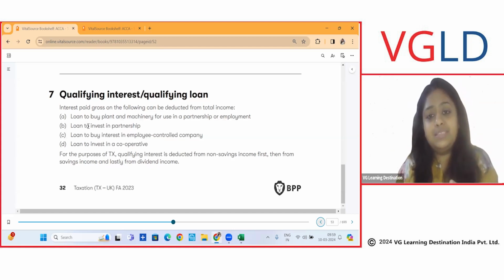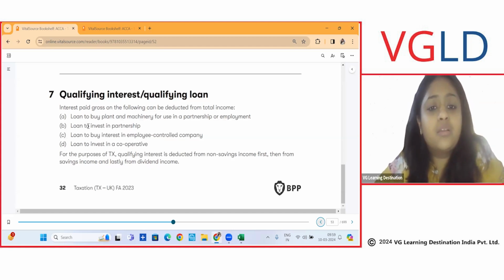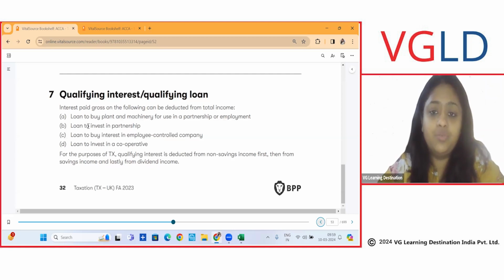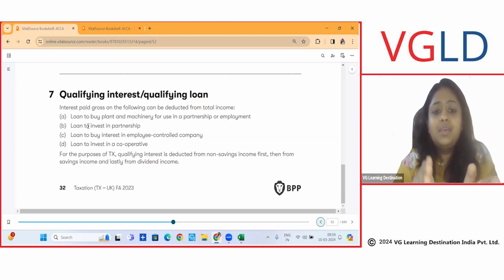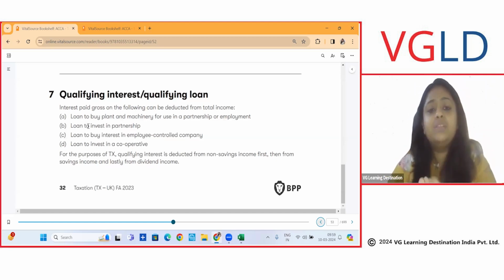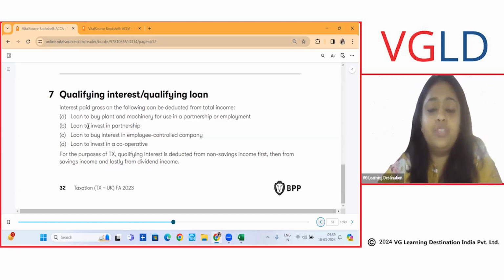And then in the next session, I will carry on with this topic onwards, qualifying interest. I may just take a session during the weekday for just 1 or 2 hours in this week. I'll update you. This is only so that I'll take care of all your queries if there are any, and we'll just cover this chapter, only this chapter.